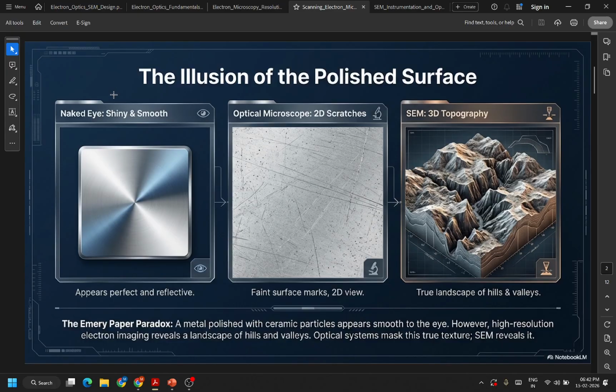If you bring it under an optical microscope, you will find there are some scratches and markings on the surface. But if you take it under a scanning electron microscope, you will find the true landscape of hills and valleys, and you will be able to determine the 3D topography of your surface.